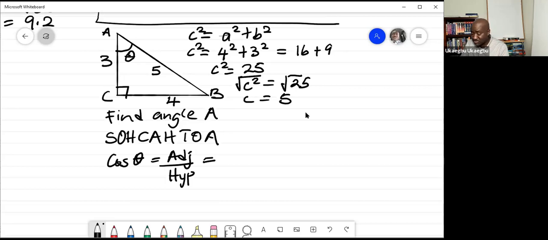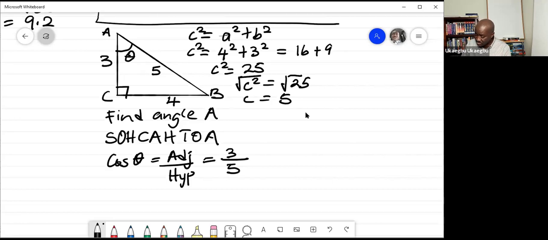So in this case, the opposite is actually 4, and the adjacent is 3. The hypotenuse is always the one facing the 90 degrees, the right angle. So our adjacent is 3 divided by hypotenuse 5.